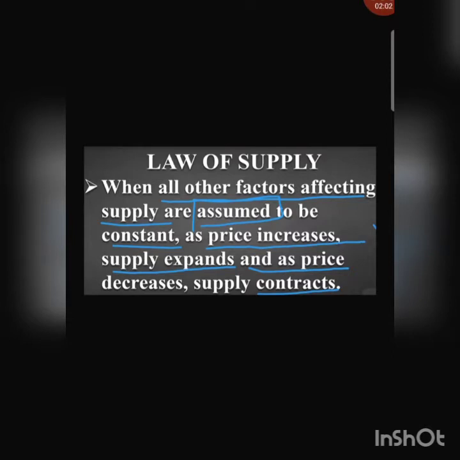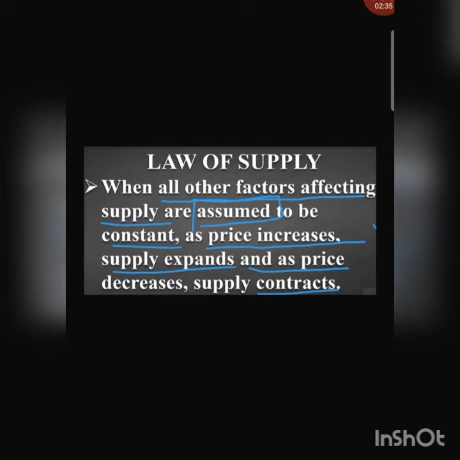That is what you are going to study in the law of supply: with all other factors remaining constant, when price increases supply increases, and when price decreases supply decreases. You can term it as: price increases, supply expands; price decreases, supply contracts. When the price is rising, supply continuously increases, and when the price goes low, supply also decreases.